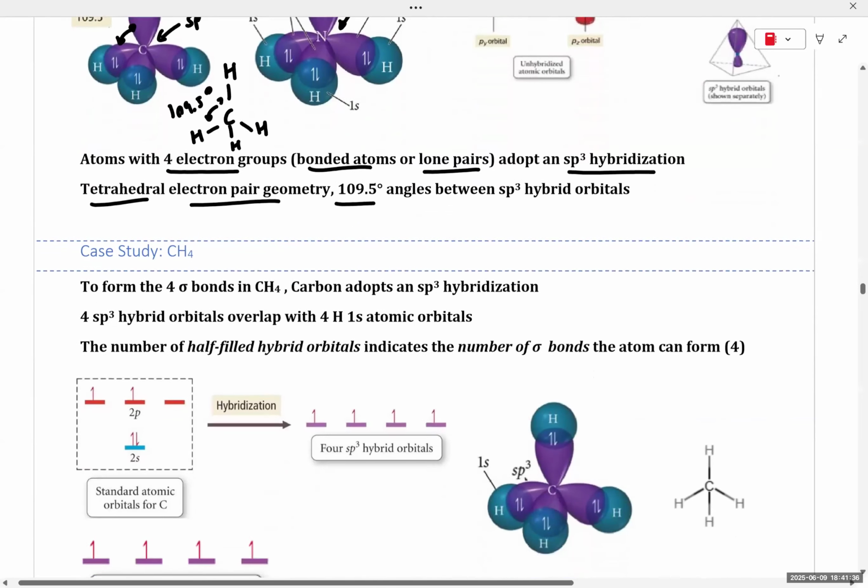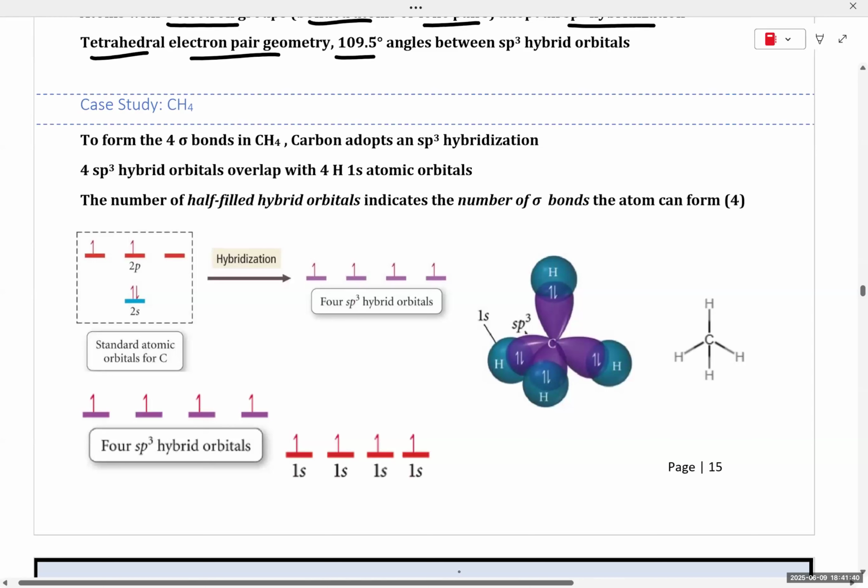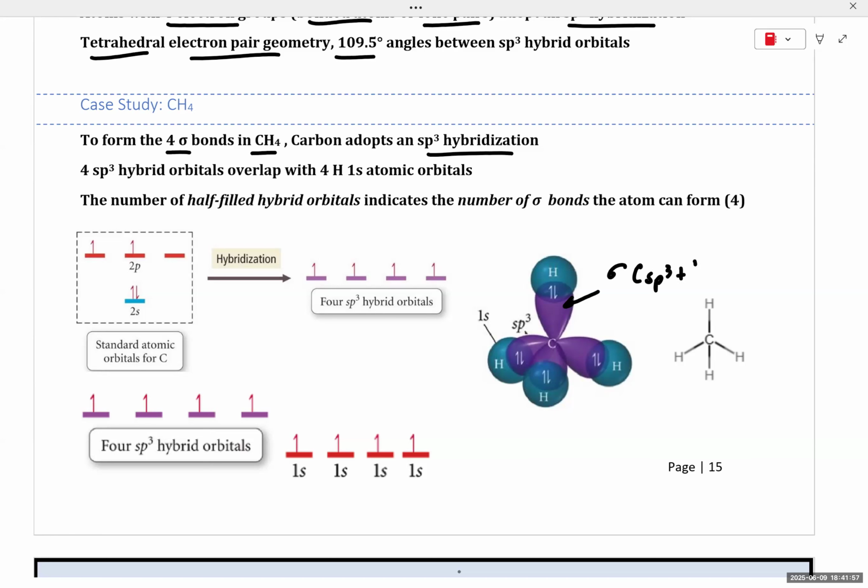Let's delve into methane a little bit more. So looking at methane, to form the 4 sigma bonds, the 4 single bonds found in methane, carbon adopts an sp3 hybridization. These sigma bonds are formed via the overlap of a carbon sp3 hybrid orbital and a hydrogen 1s atomic orbital.